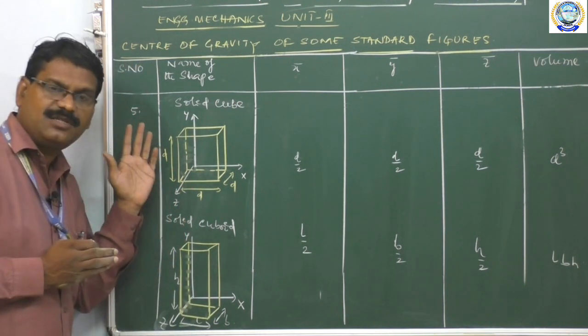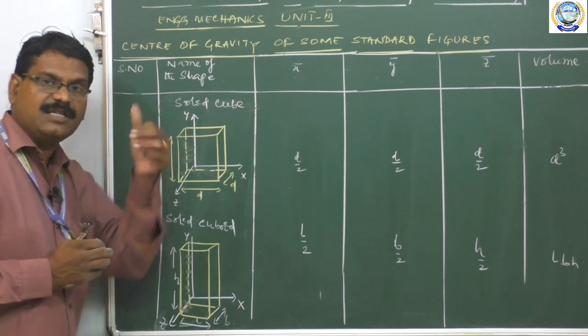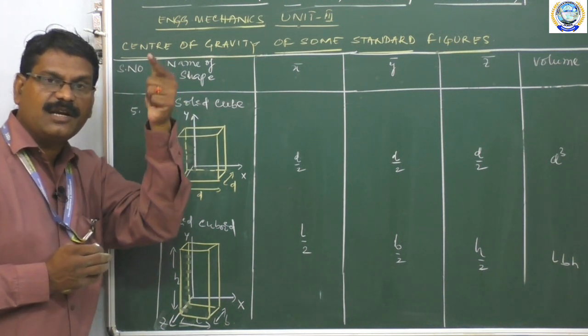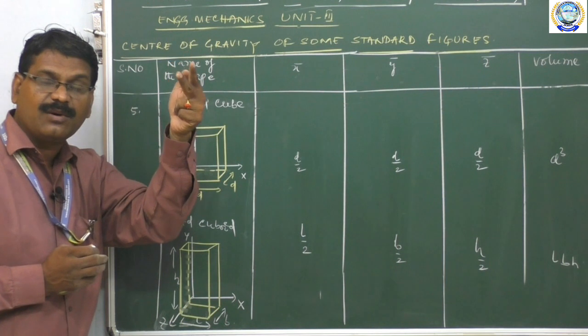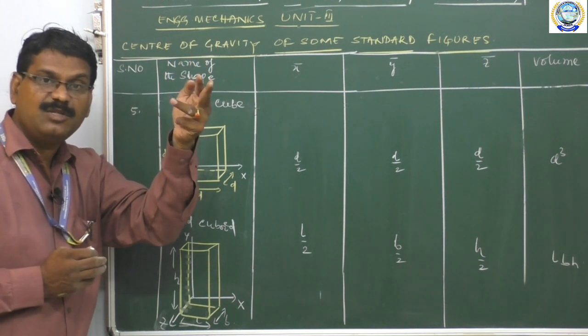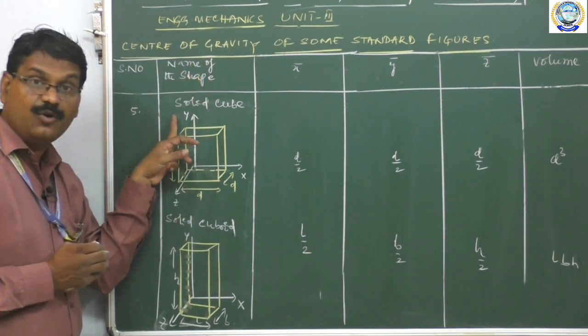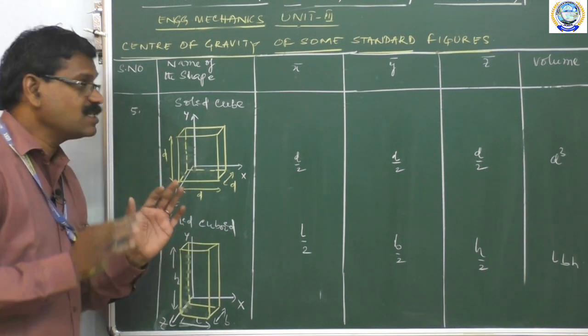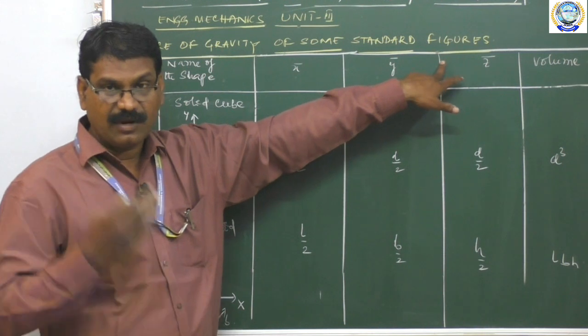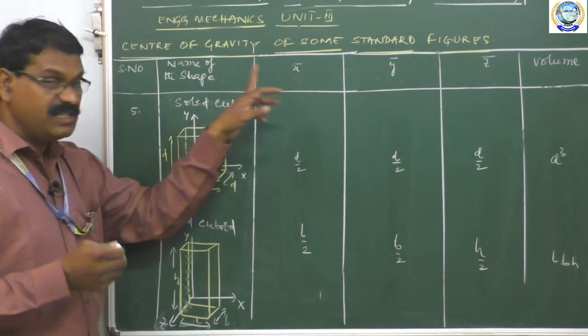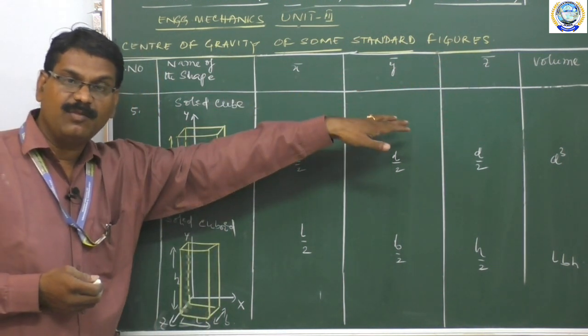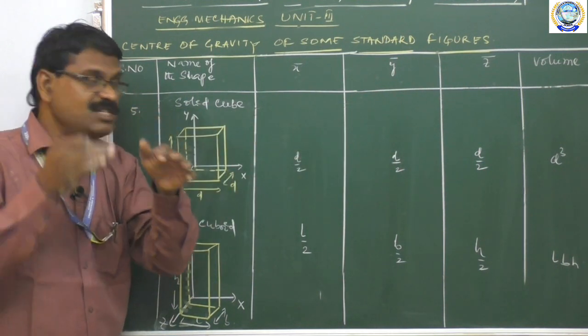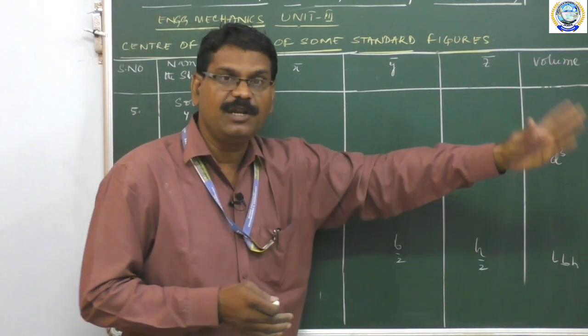So, these 6 solid specimens: the first one is solid cylinder, second one is solid cone, third one is solid sphere, fourth one is solid hemisphere, fifth one is solid cube, and the sixth one is solid cuboid. In all these 6 standard figures, our ultimate objective is to find x bar, y bar, z bar, and with the utilization of x bar, y bar, z bar, we need to find the volume.